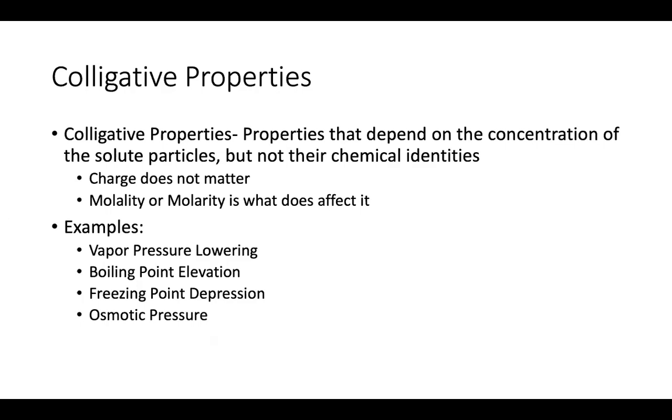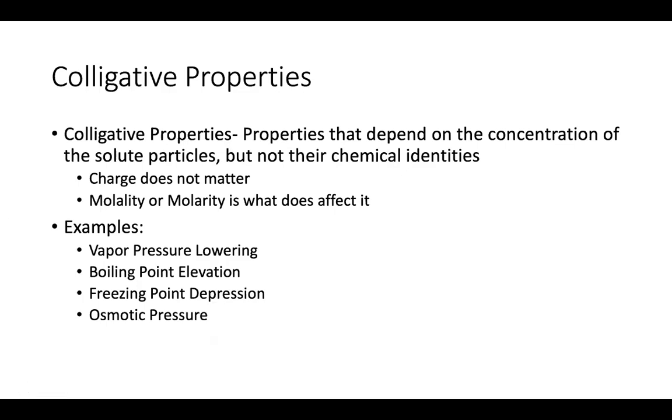Does it have a Van 't Hoff factor? Besides its ability to be an electrolyte or split into multiple ions, and the molarity or molality, the actual compound itself doesn't really matter. Okay, and we have 4 colligative properties that we look at.